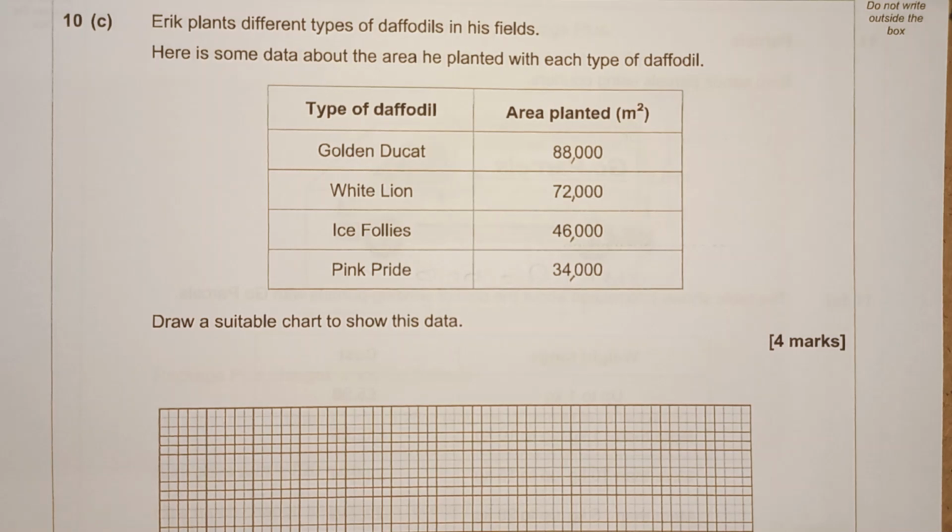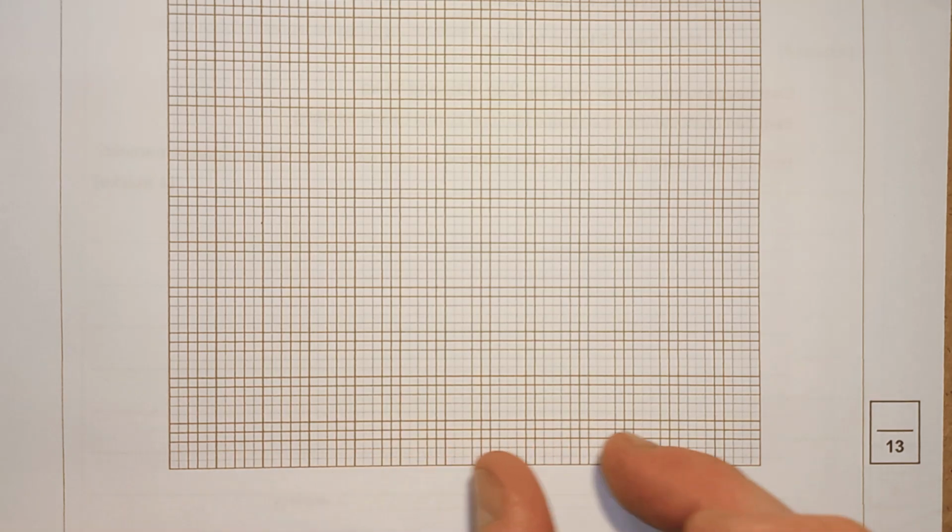Draw a suitable chart to show this data. Well, we're showing individual things, so I'm going to go with a bar chart. I think that's going to be the easiest. And we've got 4 different categories. So I'm going to see how I can split this table up into 4 equally spaced bars. How should we do this?